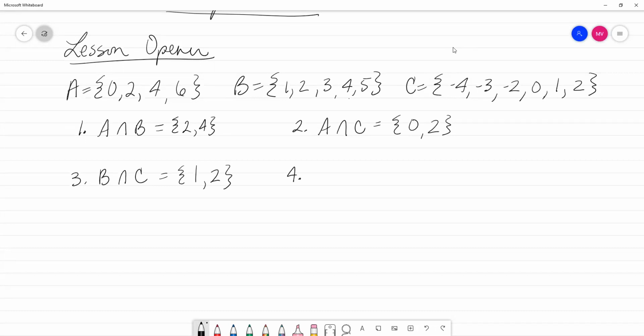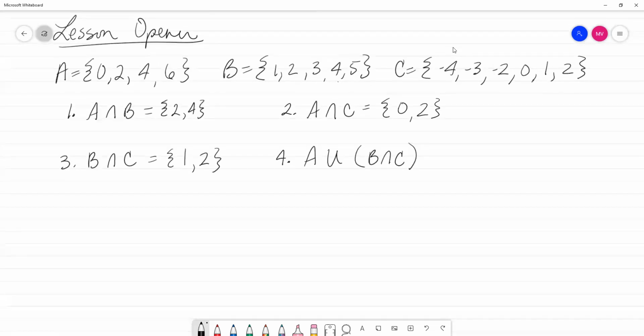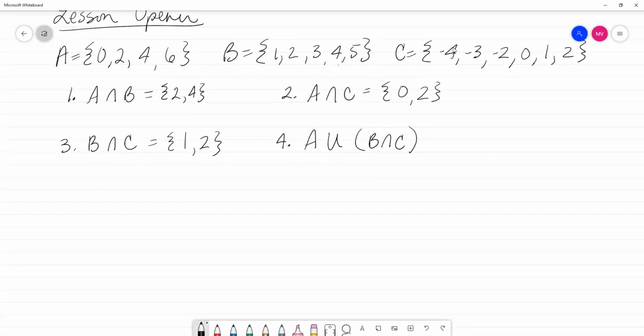All right, Gabe, what about, if I gave you A union of B intersected with C. I know, right? It got complicated quick, but it's still not that complicated. So look at what's in the parentheses first. What elements are in both set B and set C?